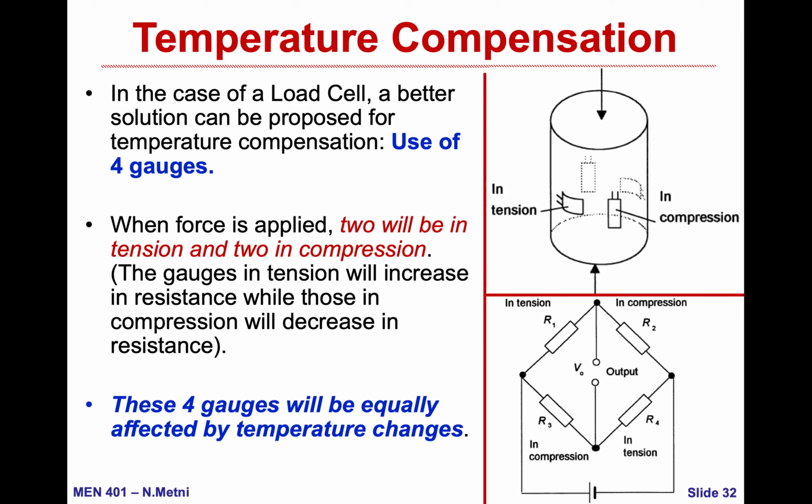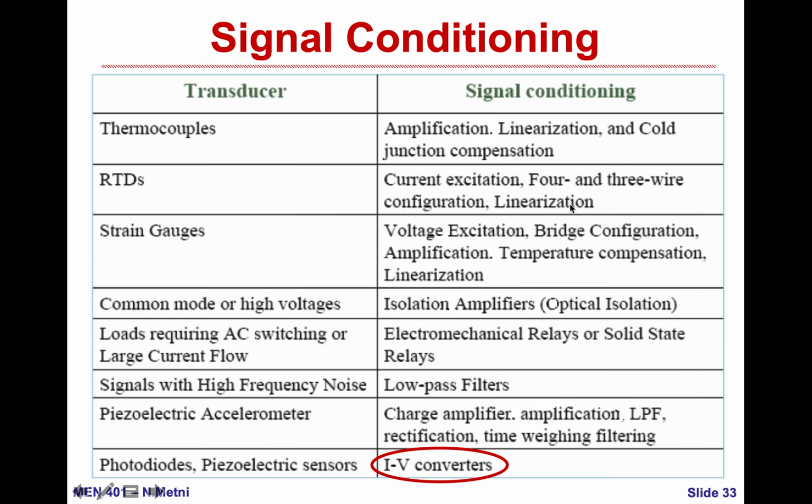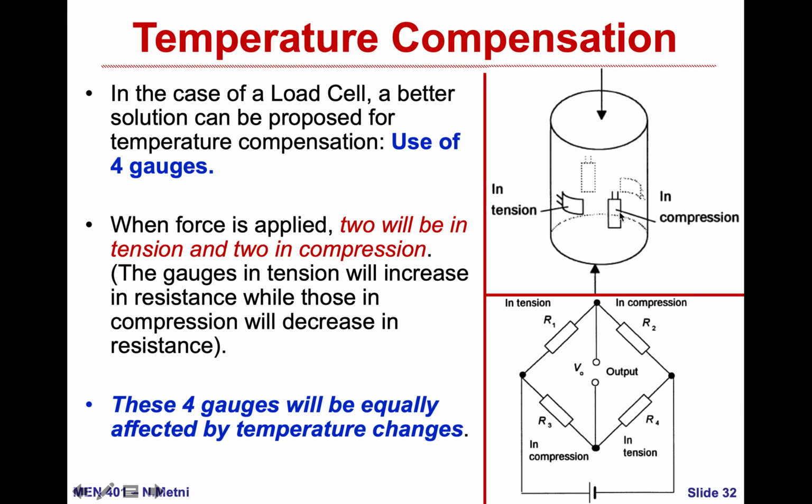We can use also more on this, and what we do is one strain gauge I put in tension and the other one in compression. So in this way I can ensure that these two cannot go in the same direction. The increase of resistance cannot go in the same direction unless there is an increase in temperature.